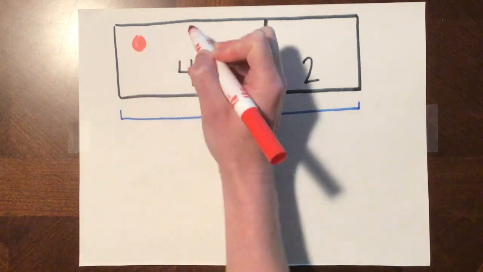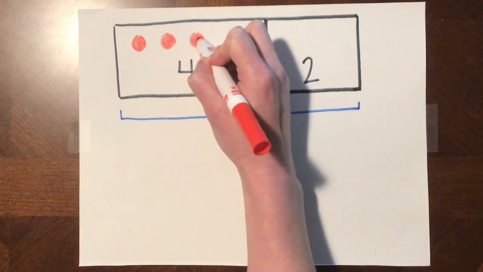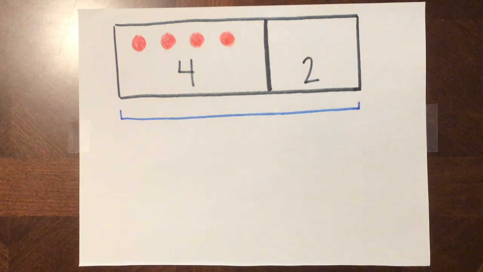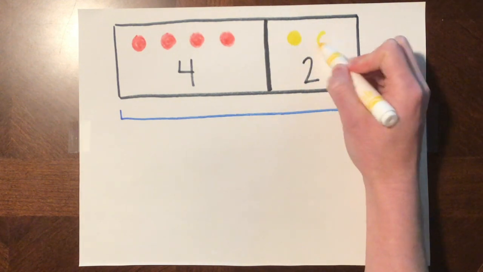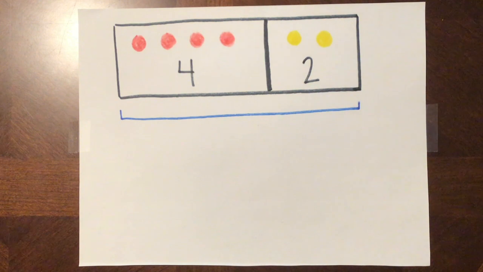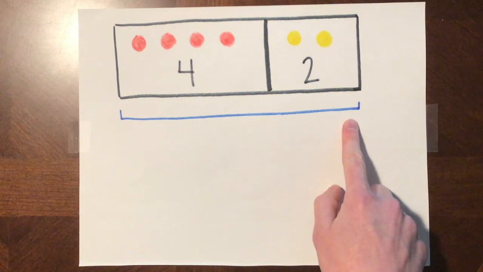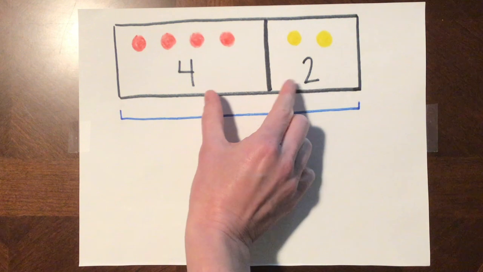1, 2, 3, 4. 1, 2. The line underneath will tell us how many pieces there are in the whole thing when we put the parts together.